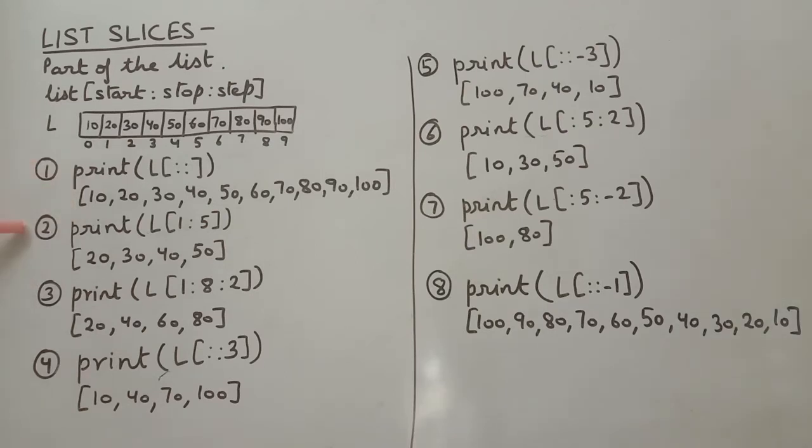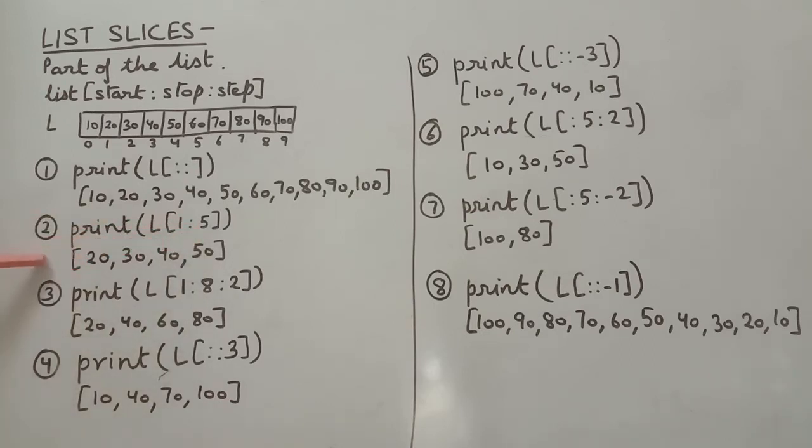In the second case, I have provided the start value as 1 and the end value as 5. The step value I have not specified, so it is taken to be +1. The stop index is not included in the result, so the values extracted are from the first index to the fourth index.